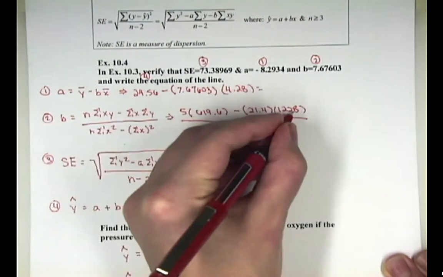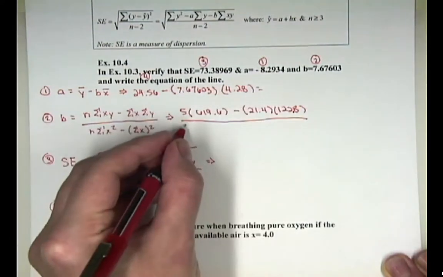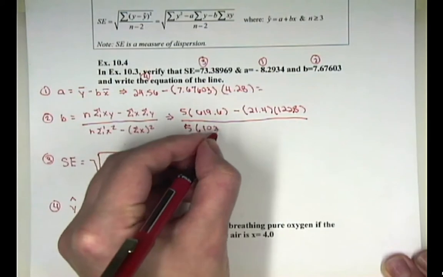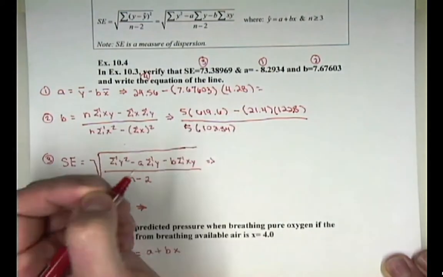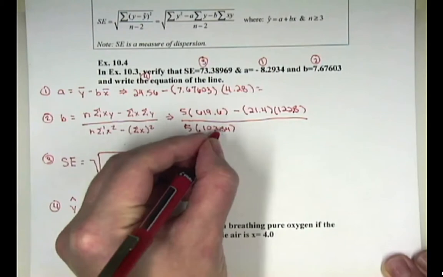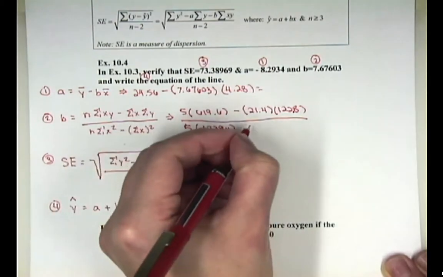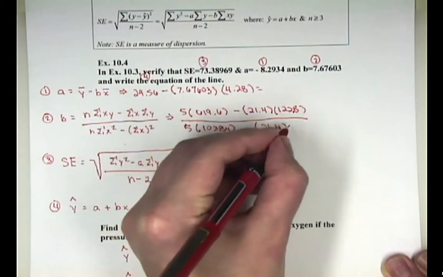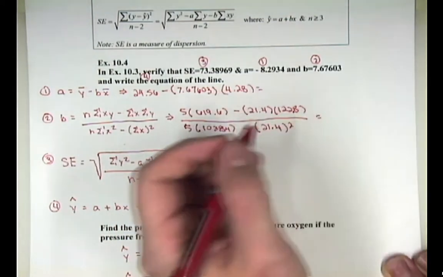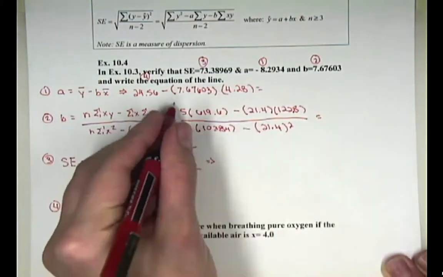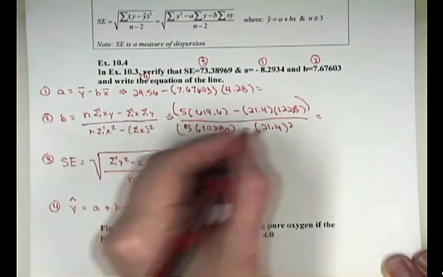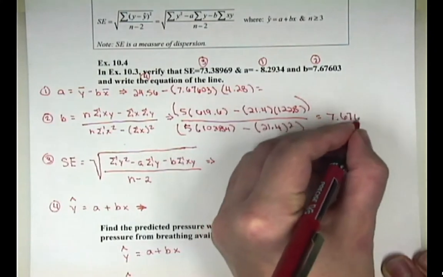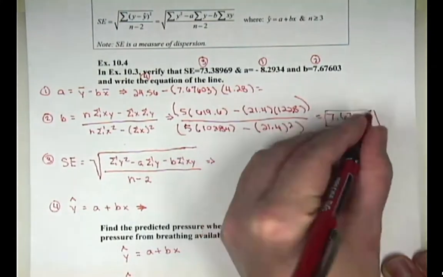All of that is divided, and watch that decimal, by n, which again is 5, times the sum of the x squareds, which is 103.84, minus the sum of the x's, which is 21.4, and you want to square that. Once you do all of this carefully, with parentheses around the very top and very bottom to keep everything separate, you should be getting 7.67603. So that's your b.